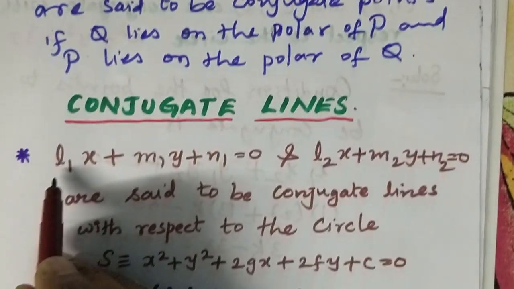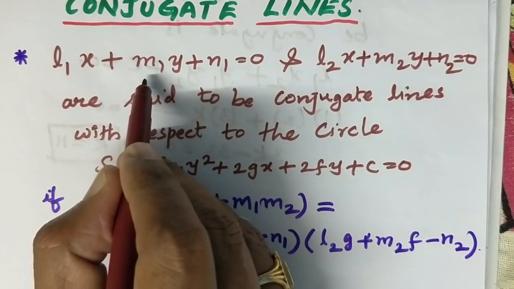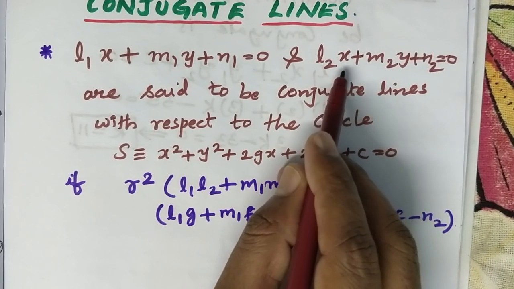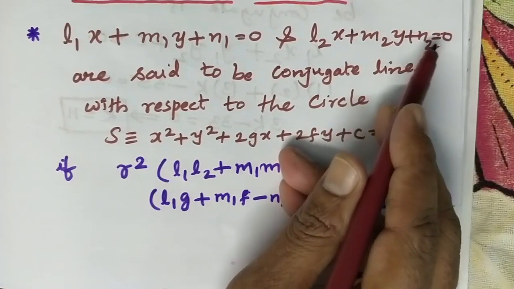Suppose those are L1x plus M1y plus N1 = 0 and L2x plus M2y plus N2 = 0.